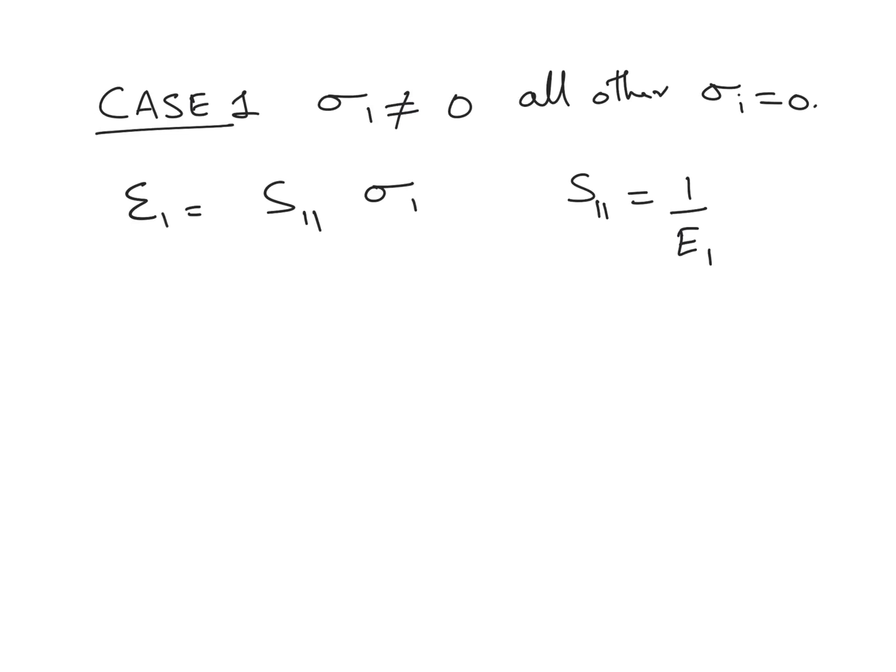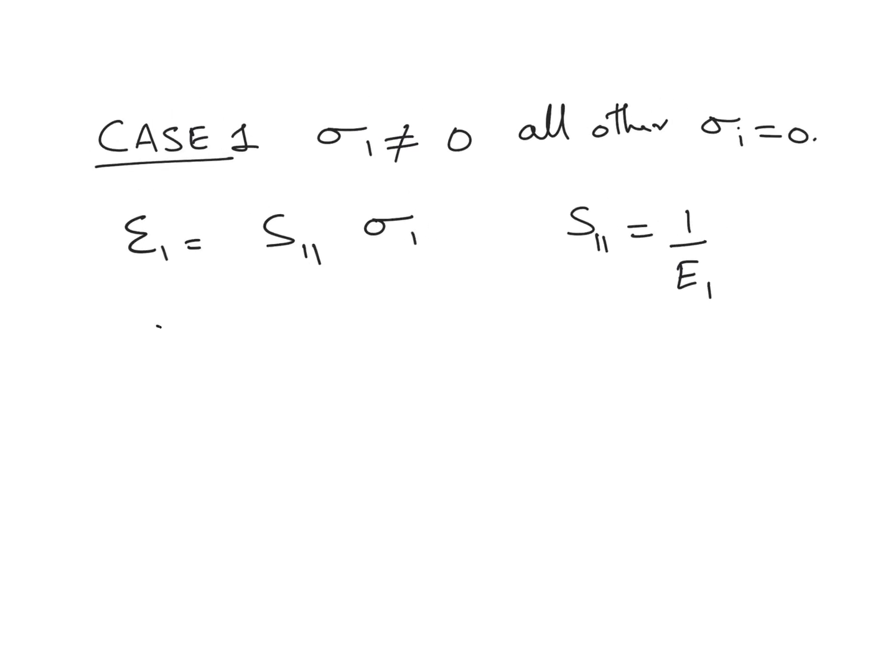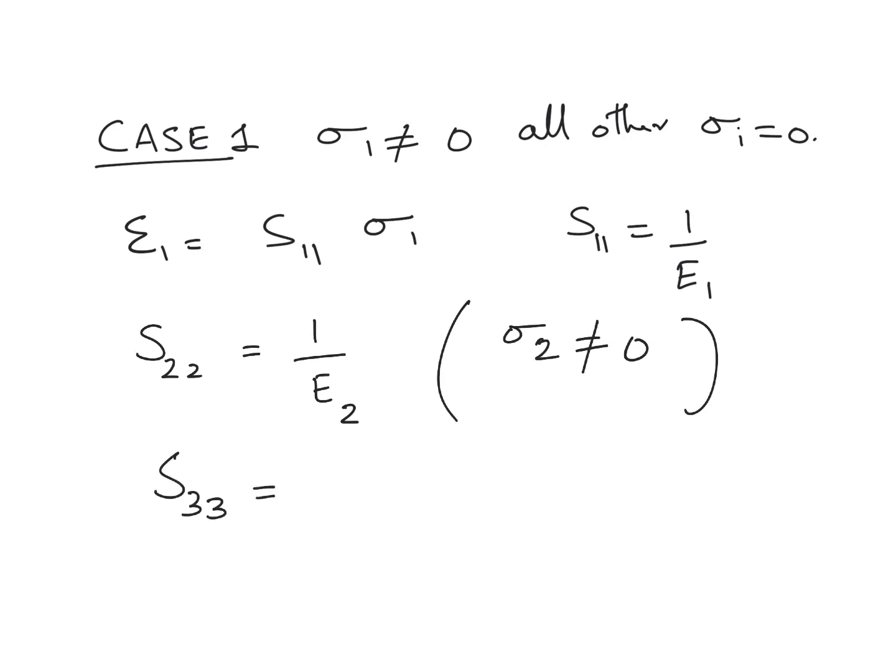Going by a similar argument, your S22 will be 1 by E2. In the next thought experiment, you assume sigma 2 is not equal to 0 and all other stress components are 0. Then S22 will be 1 by E2. Now S33 is 1 by E3, where E2 is the Young's modulus in direction 2 and E3 is the Young's modulus in direction 3.